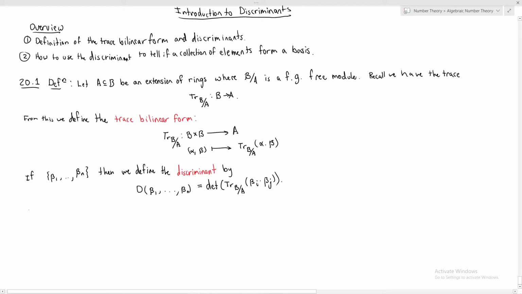So the first thing I want to say is basically what happens when, if these guys are a basis, what happens when I change basis? What does that do to the determinant? So that's a natural question.